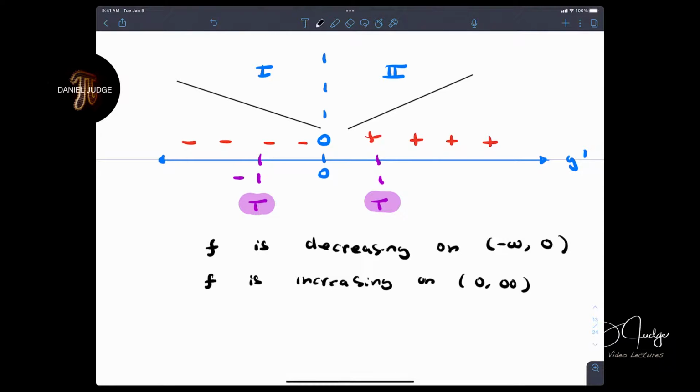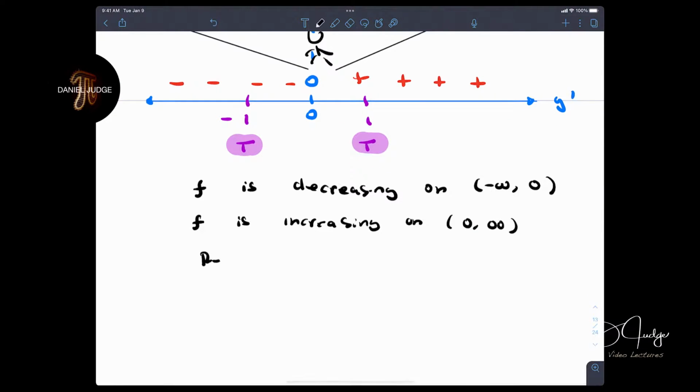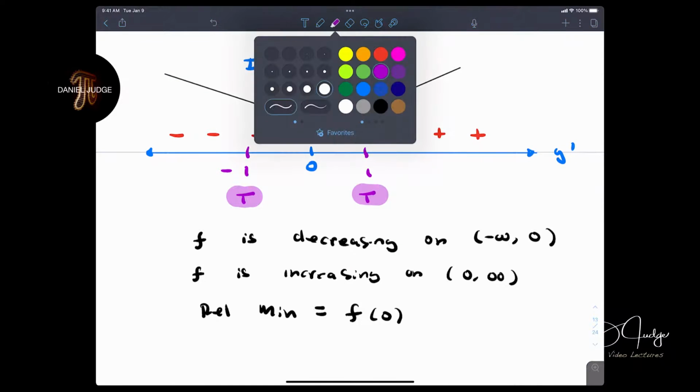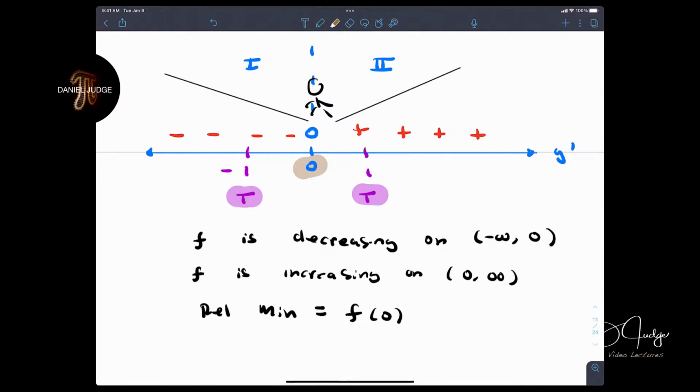So there we go. You are standing in a valley, so it has a relative min. There's no relative max. It has a relative min, and it's equal to f of 0 here, because it happens at 0. That first derivative is 0 at 0.